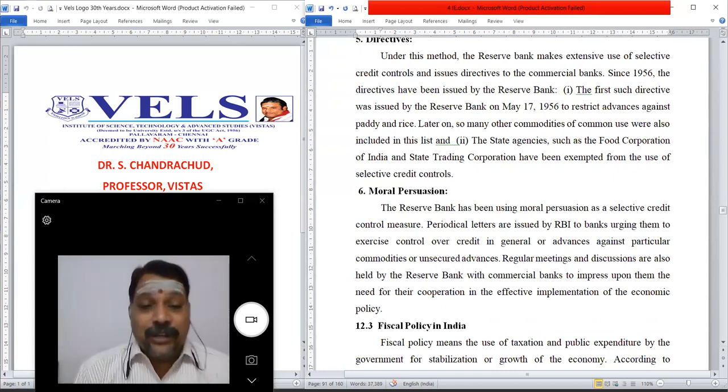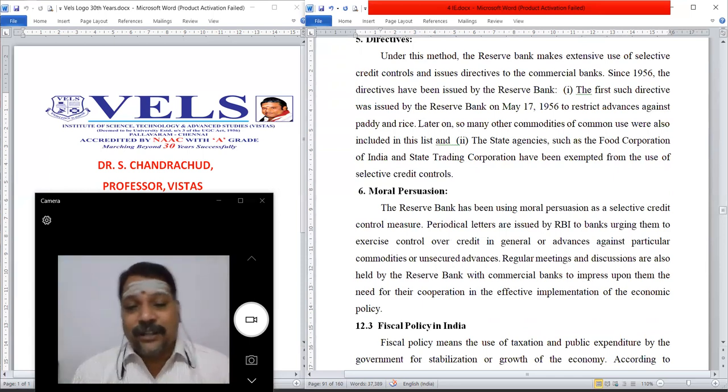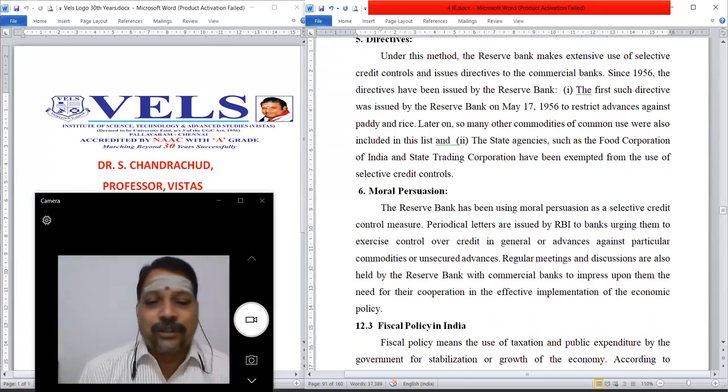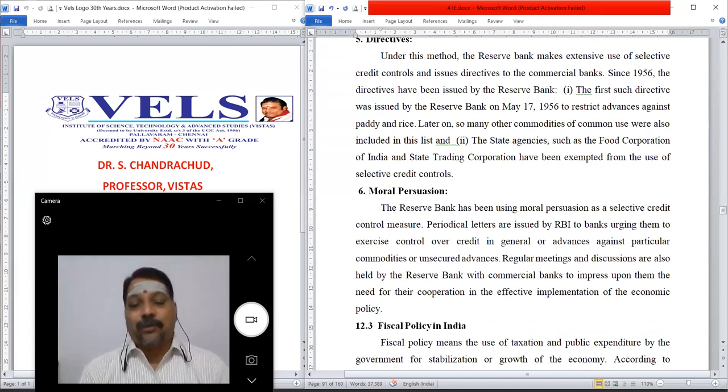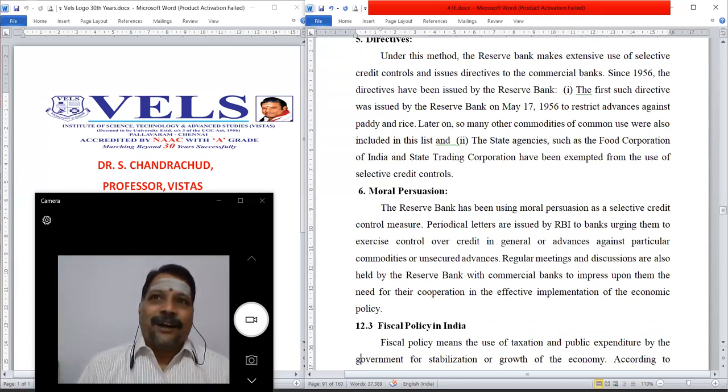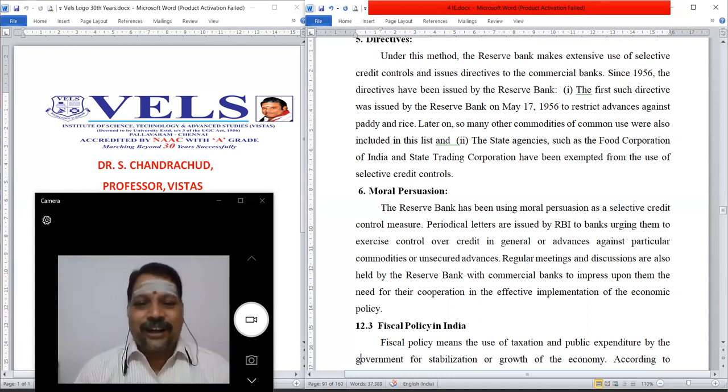Regular meetings and discussions are also held by the Reserve Bank with the commercial banks to impress upon them the need for cooperation and effective implementation of economic policy. So the Reserve Bank exercises moral suasion with the commercial banks by providing periodical letters and conducting meetings with them.